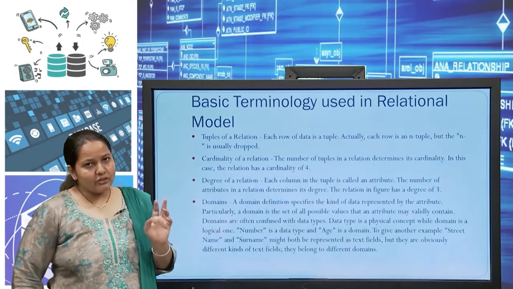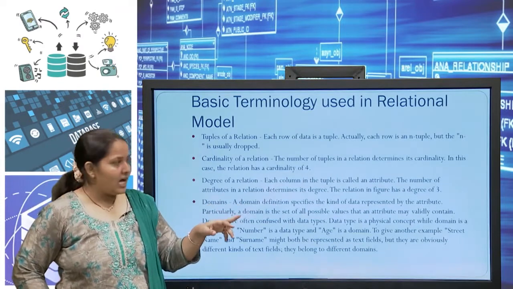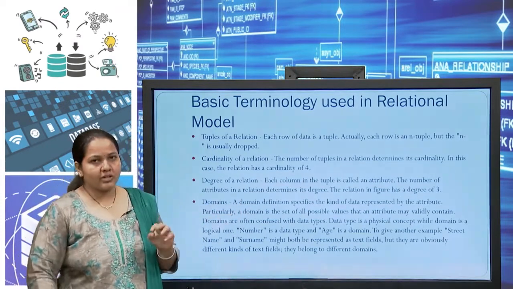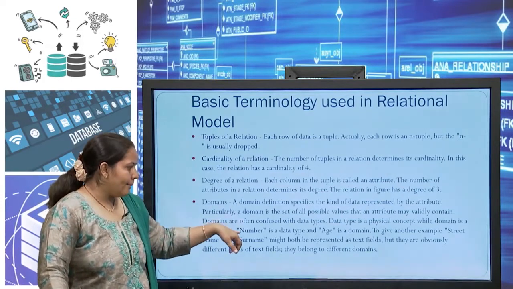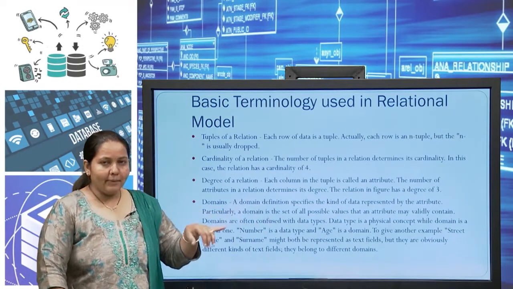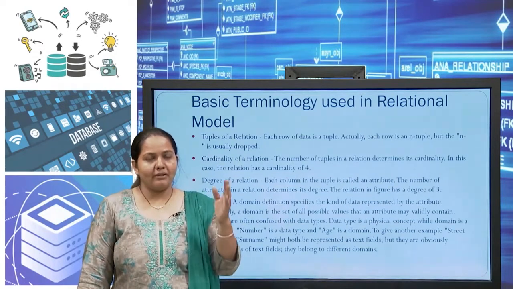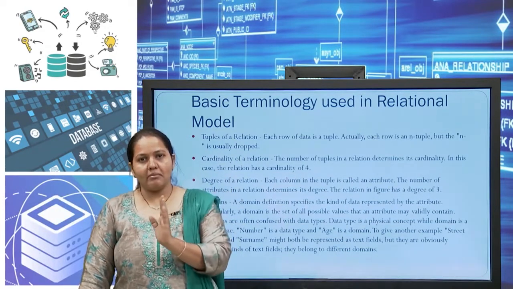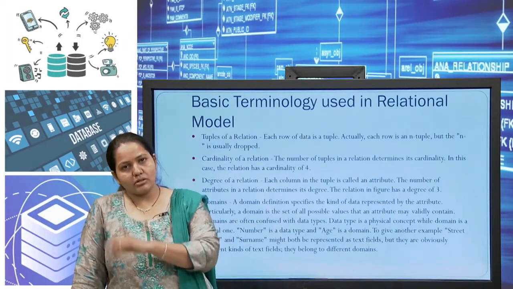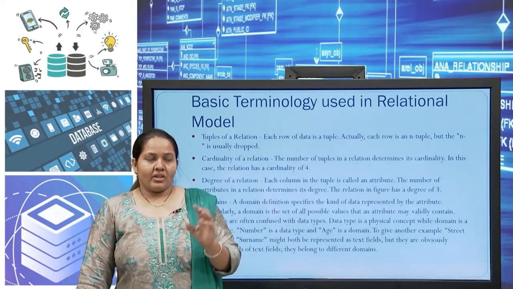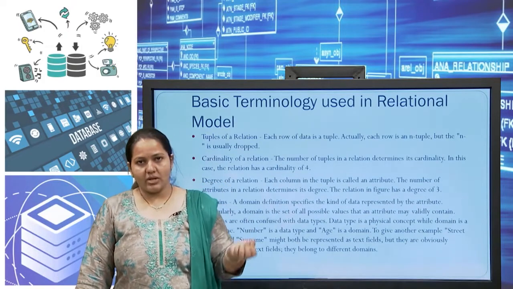Domains. As I have already said, a domain defines the specific kind of data represented by the attribute. For example, number and age are different fields of your table. For the student, we define number, name and age. For the number, we take an integer data type, and for the age, we also take a number data type. But for the number, we expect the enrollment number or seat number, some sequence number.